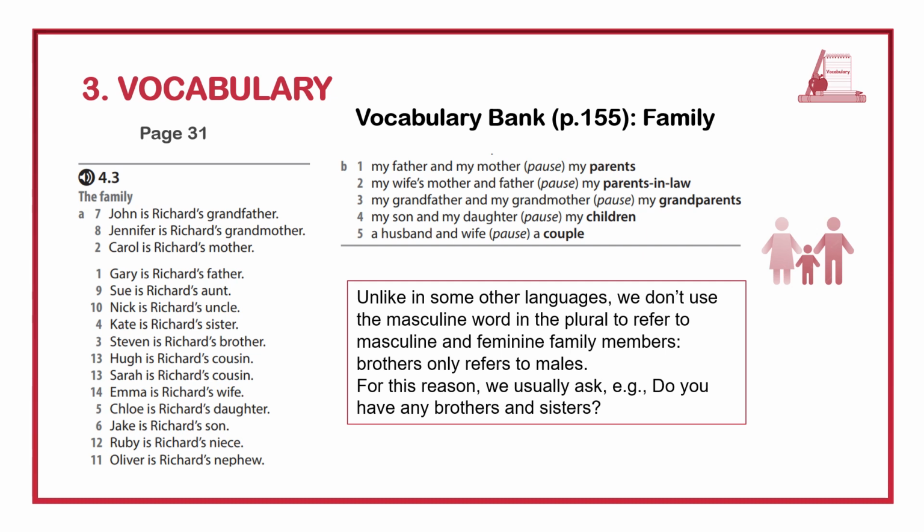Now, unlike in some other languages, we don't use the masculine word in the plural to refer to masculine and feminine family members. So brothers only refers to males, to the men, or like sisters refers to the females. For this reason, we usually ask, do you have any brothers and sisters?